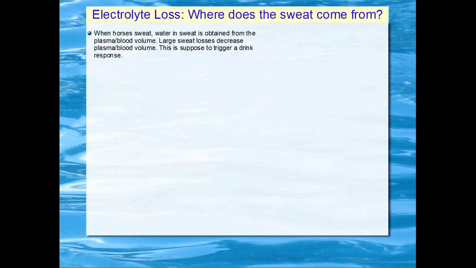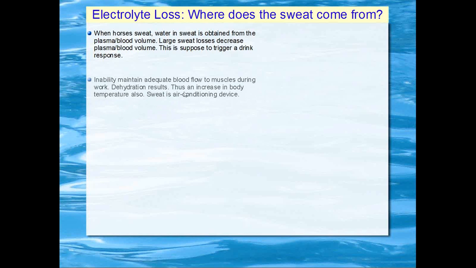So, electrolyte loss, where does that sweat come from? Initially, when a horse sweats, water in sweat is coming from the blood. So if we have lost a large amount of sweat, it's going to decrease our blood volume. When that happens, it is supposed to trigger a drink response in our horse to rebuild the hydration or the water in the blood.